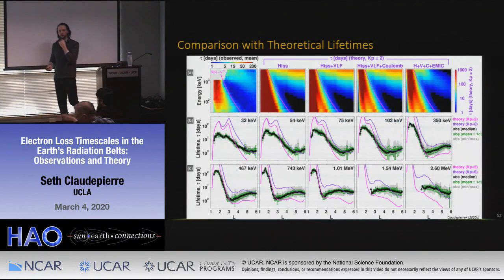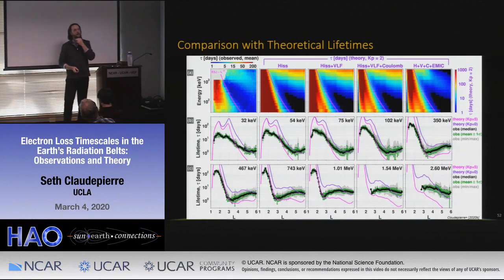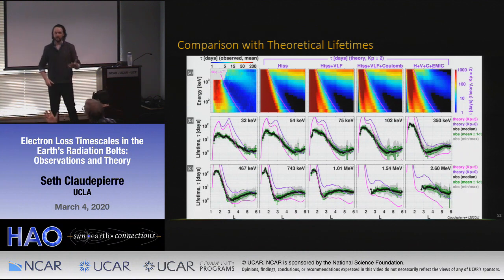Can I ask, in your EMIC model, do you assume some longitude range that the particles interact with EMIC waves? Yes. We basically assume that it's some fraction of the drift orbit, maybe 10%, 25%, I can't remember. But yes, we did something that other people have done. And you can, of course, vary its effectiveness. Yeah, exactly. In any of this business, there are all kinds of knobs to turn.